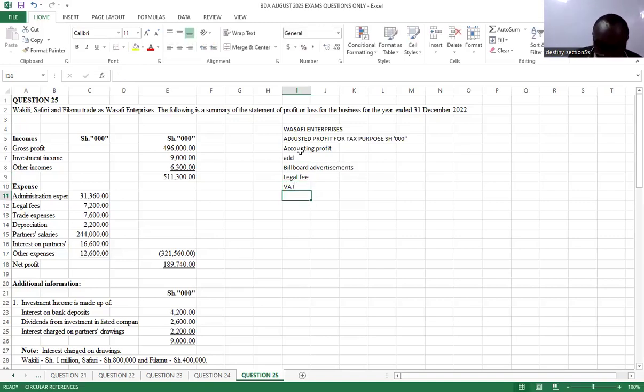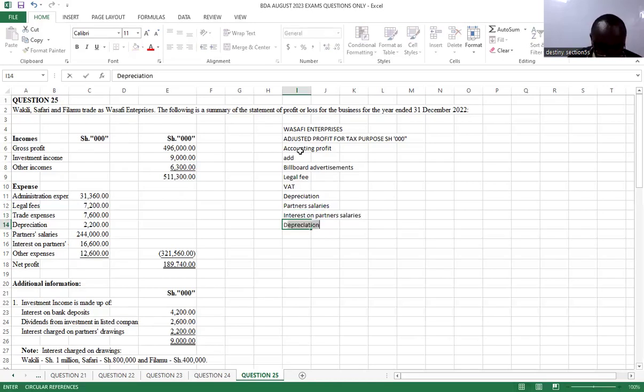Then we will have depreciation. Then we will have partners' salaries, they should be added back. Then we have interest on partners' salaries.